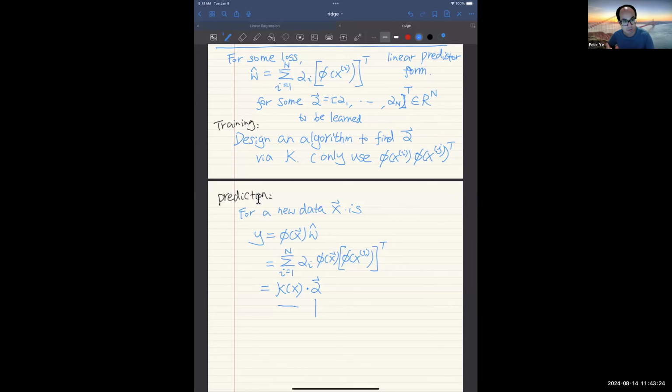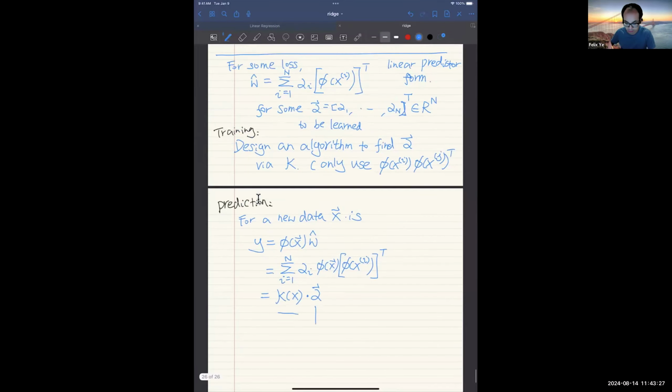In terms of ridge regression, this is a general idea, and of course we still need to pick the loss function.